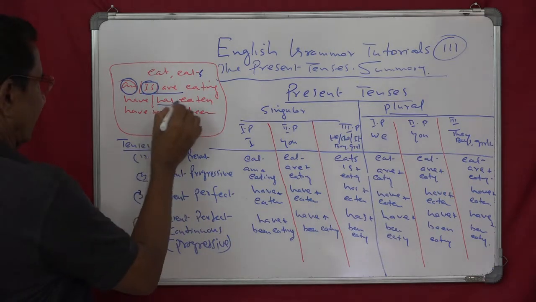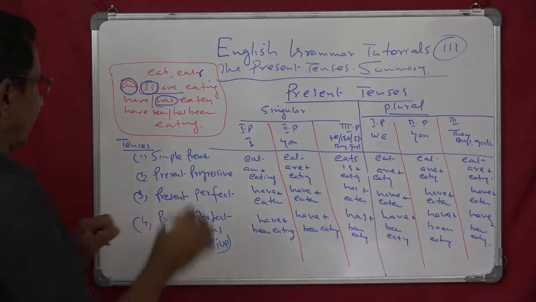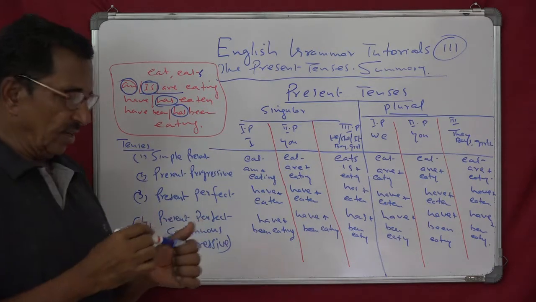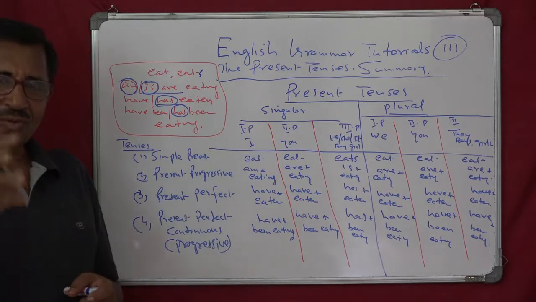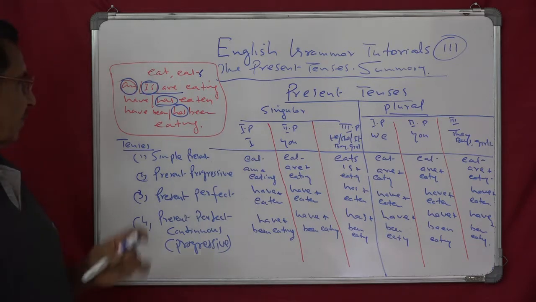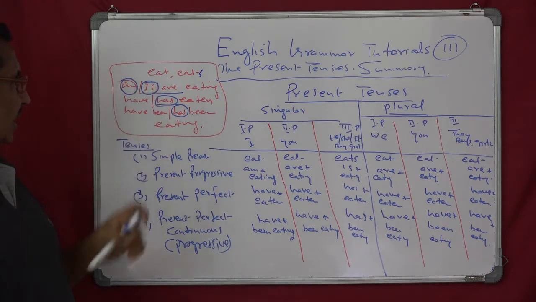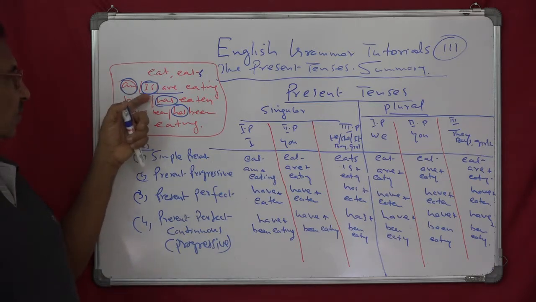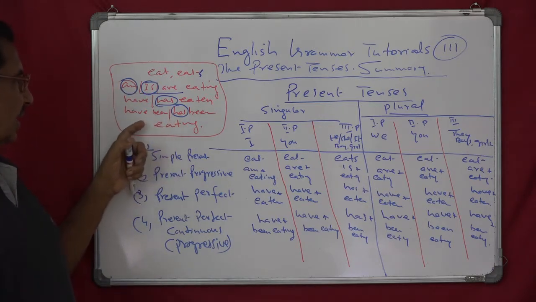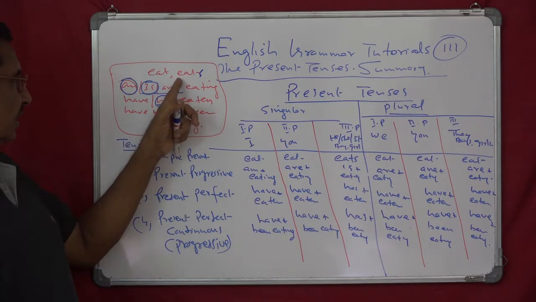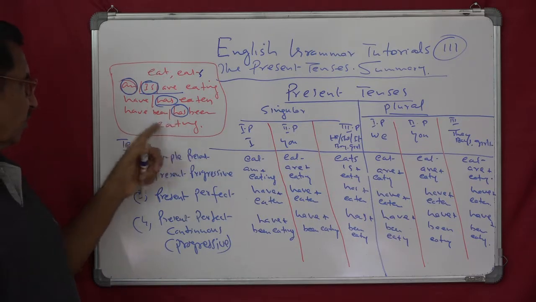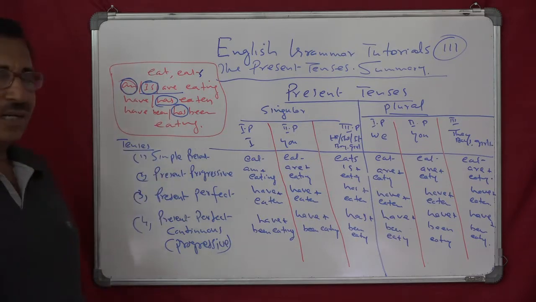When it comes to third person, that is the place where you have to stop, look and proceed. And in the present continuous tense the difference is in two places, one place here and one place here. Only in present continuous do you have a difference in two places.